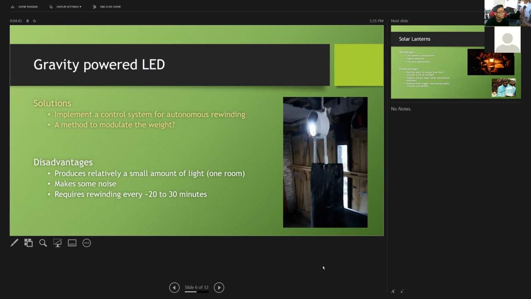The solution we started investigating and brainstorming is the implementation of a control system for autonomous rewinding.